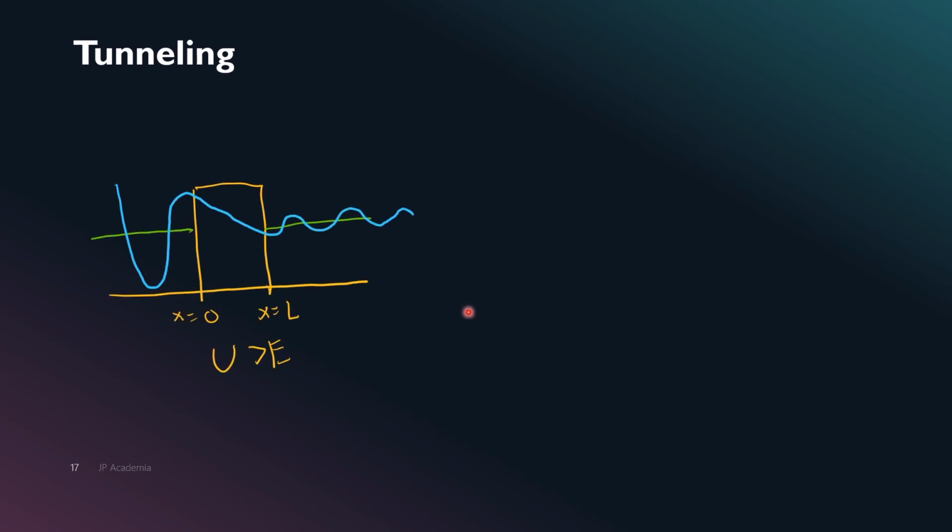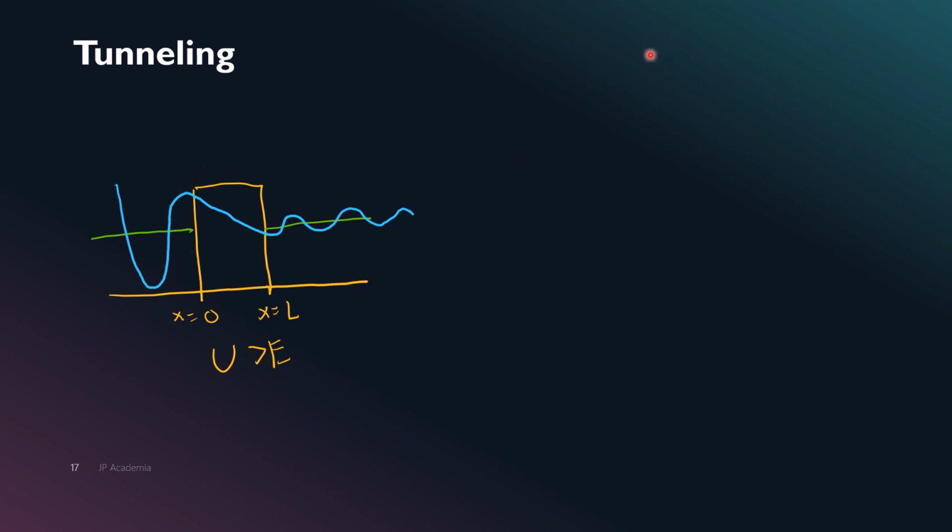The solution for a particle in a finite well shows that when a free particle encounters a potential barrier with height U greater than E, classically that particle requires enough energy to cross this barrier.